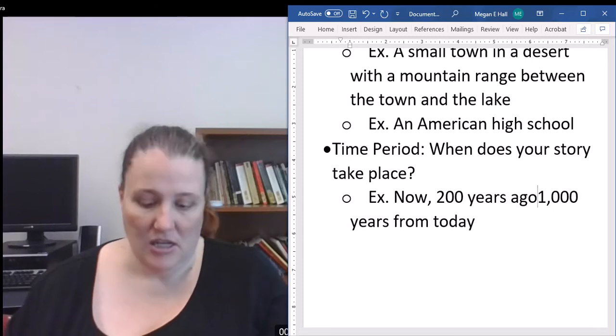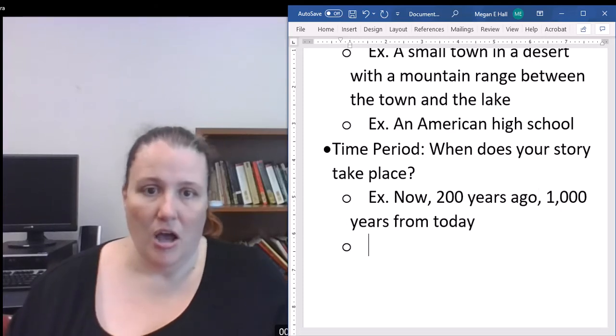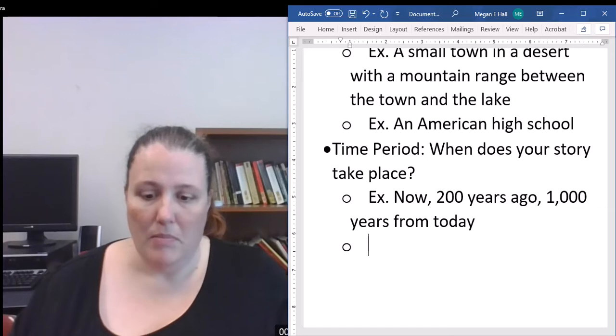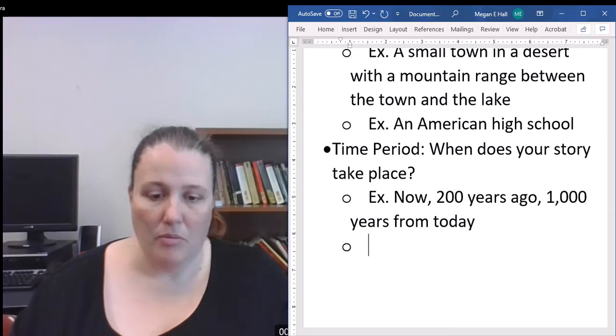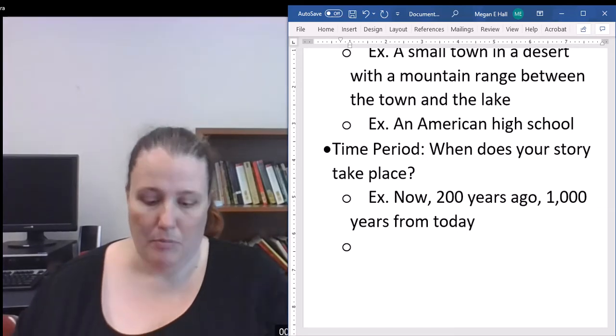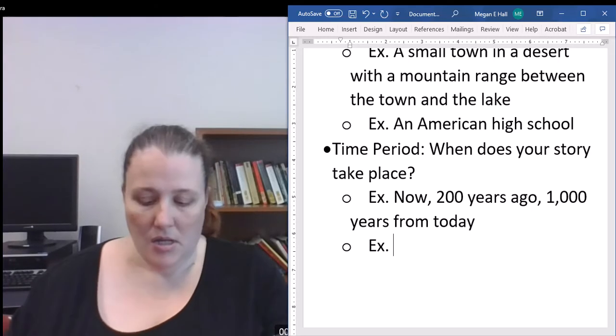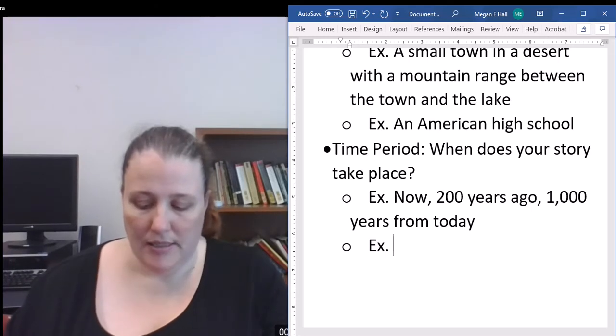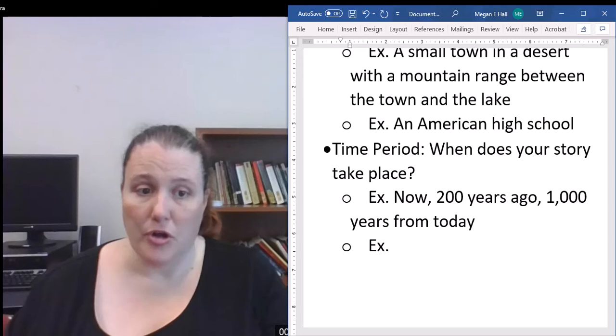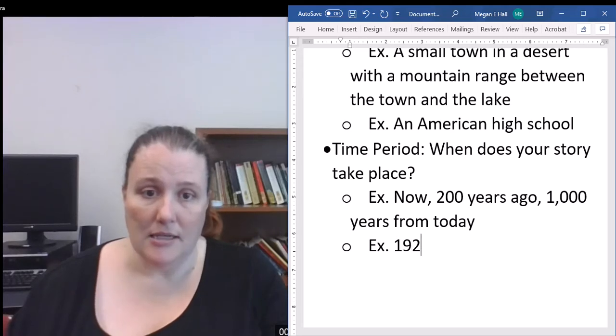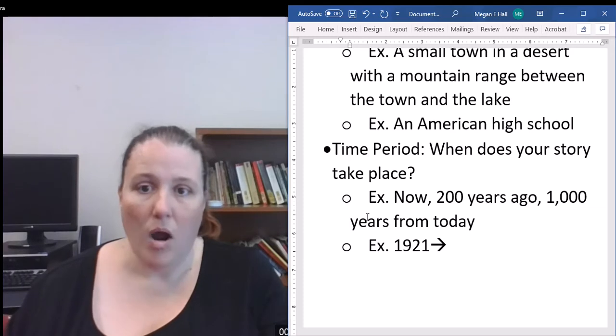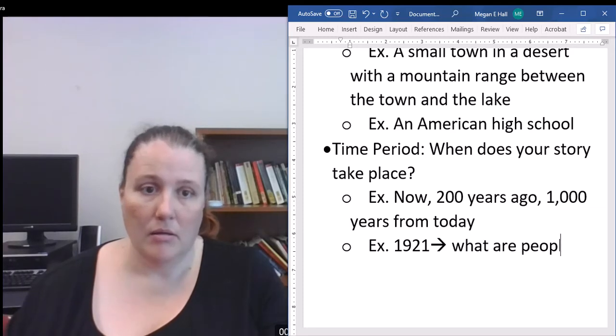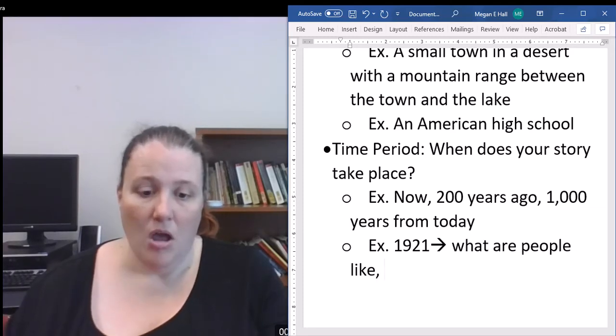There are things to consider, and some of them we're going to get into in a minute when we talk about the other components of setting. But just as an example, let's say your story takes place 100 years ago. Let's say it takes place in 1921. So, what are people like in this time period?